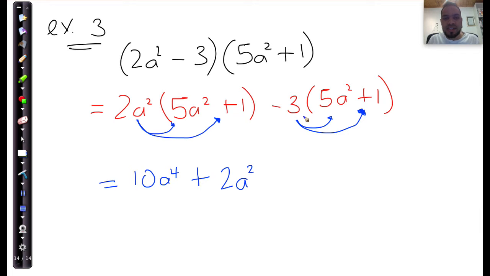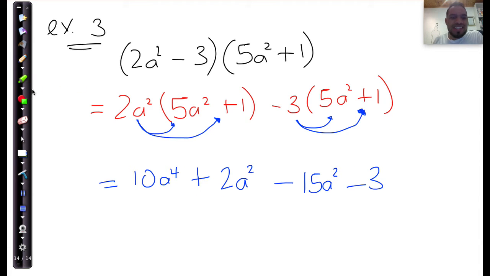Okay, then over here, I've got negative times positive, which is negative. 3 times 5 is 15, and that's just a squared. Then a negative times a positive is a negative once again, and it's multiplied by 1, so whatever I've got here, multiplying it by 1 gives that same thing. So it's negative times positive is negative, and 3 times 1 is just 3.